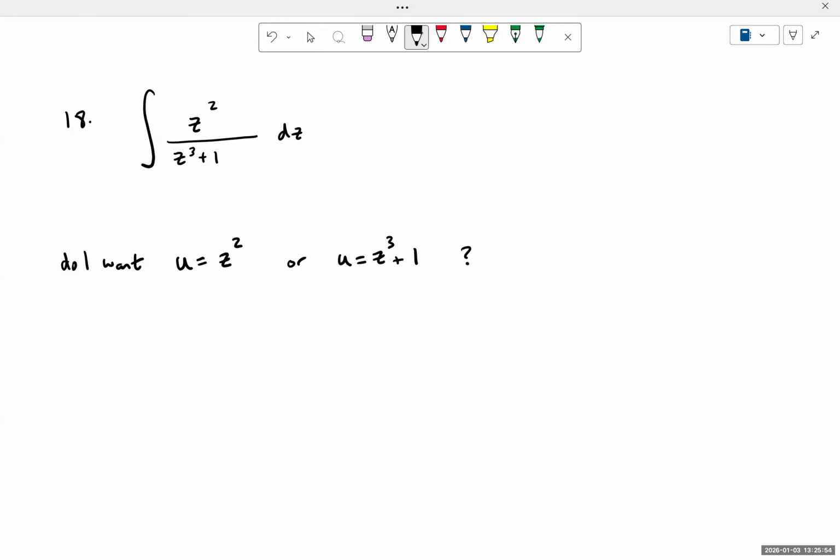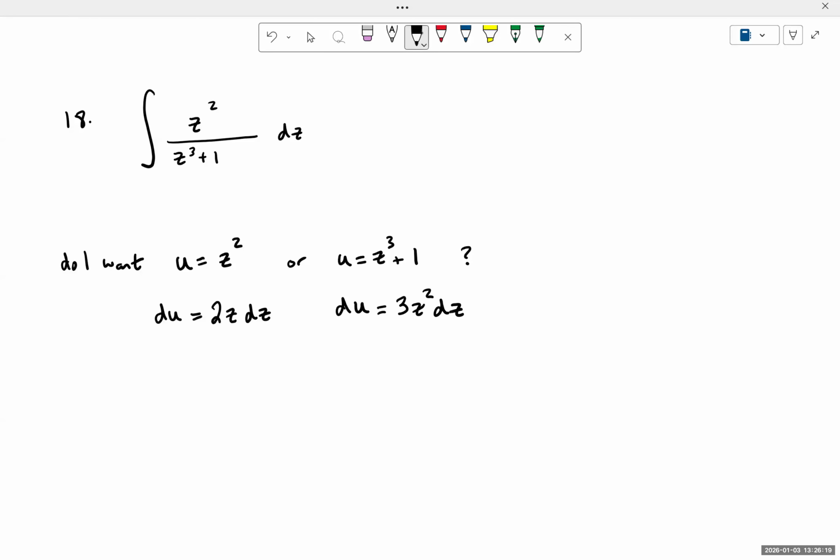Well, if you're not sure, you just try it and see if anything good pops out. So if I do du dz, this is going to be 2z dz, whereas on the other one, I'm going to get du is equal to 3z squared dz.